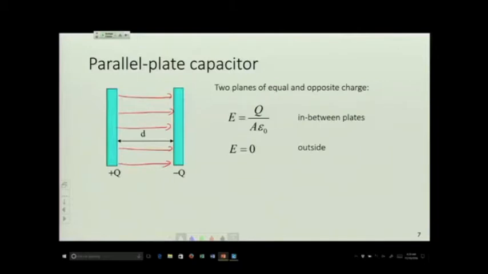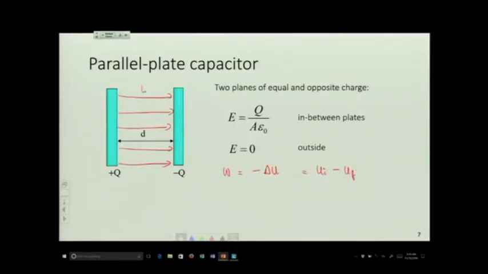Remember, the work done by the electric field is equal to negative delta U. So imagine I'm moving from the positive plate to the negative plate. Let's say I'm moving a charge Q from the positive plate to the negative plate.